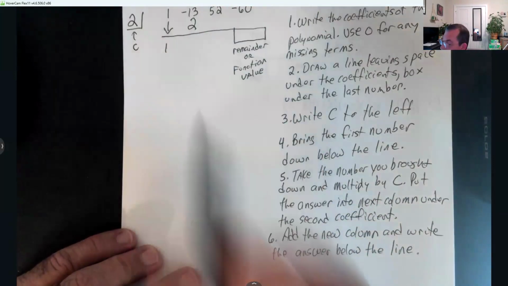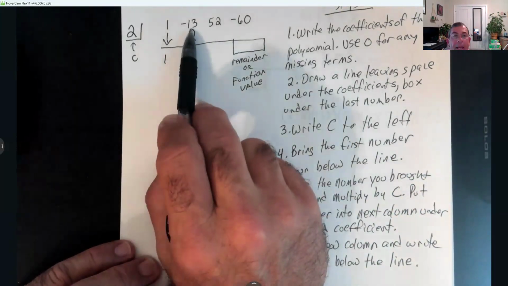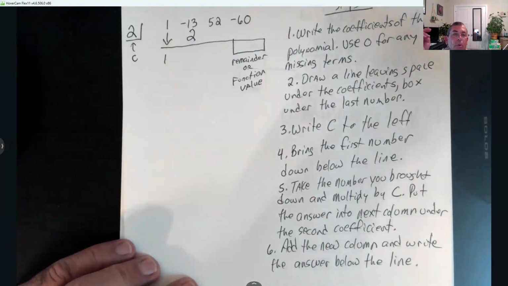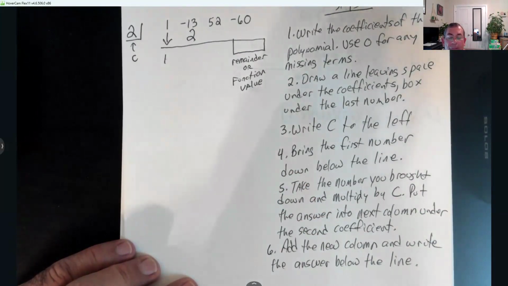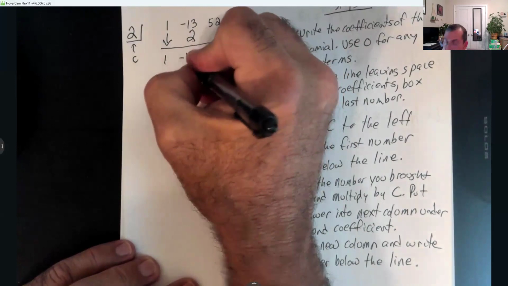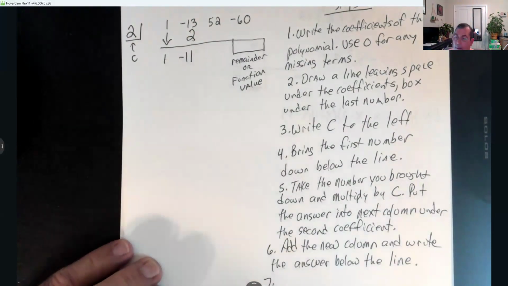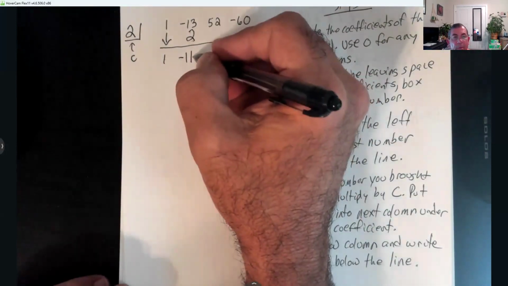Let me bring this back up a little bit. Negative 13 plus 2. We're going to add them together and see what we get. Well, negative 13 plus 2 gives me a negative 11, and I brought that number below the line.